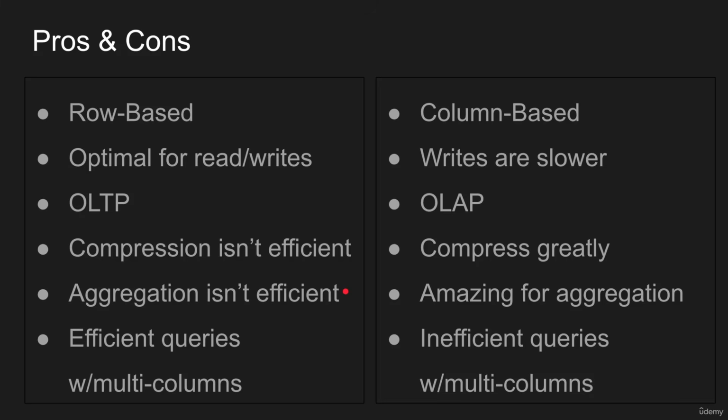Aggregation, we saw how poorly the row based database did with the aggregation. I mean, we had to query the whole table, but we pulled lots of information that we didn't pick. So column oriented databases were more efficient when it comes to aggregation because we fetch only what we need and we work on that.